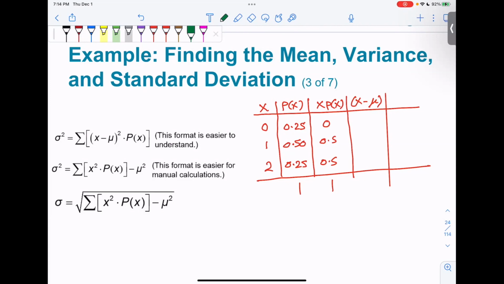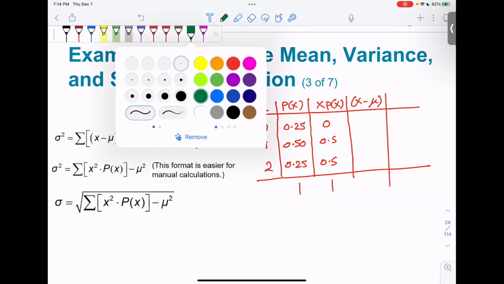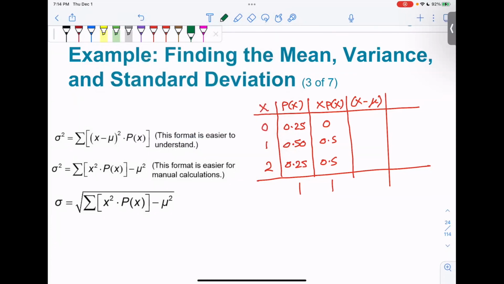So now we have mu equal to 1. The first one will be 0 minus 1, negative 1, right? The second one will be 1 minus 1, 0.